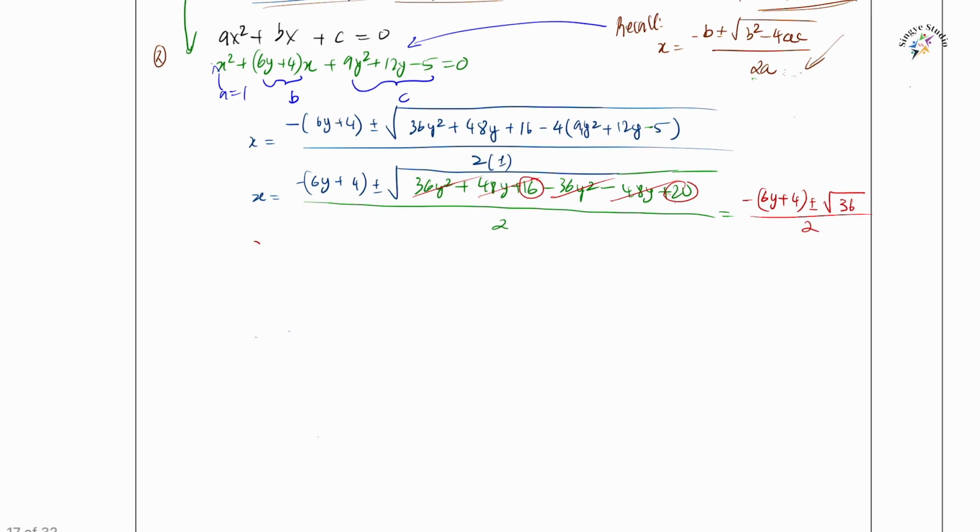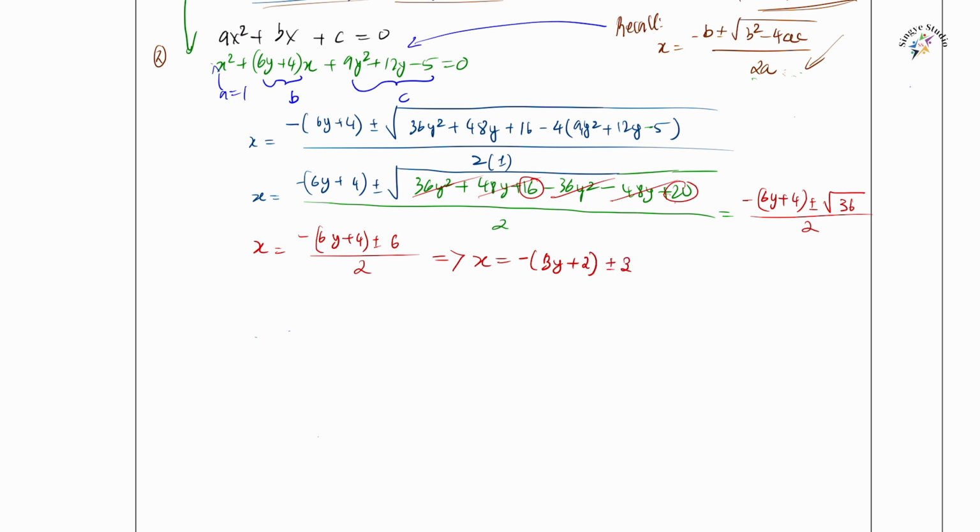Okay, now x equals negative 6y plus 4, plus or minus root of 36, which is 6, divided by 2. You can divide this whole thing by 2 to give exactly this value. So we'll get negative 3y plus 2 plus or minus 3, right?